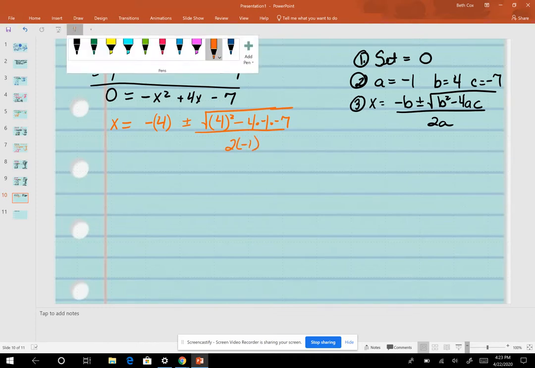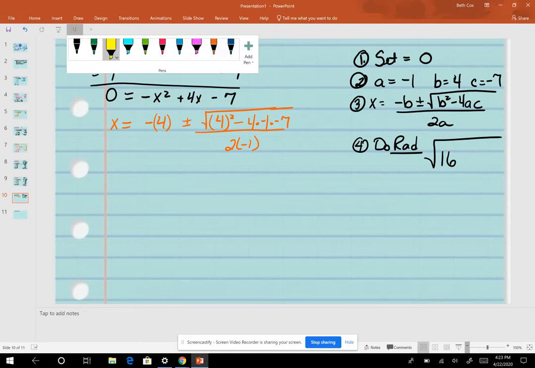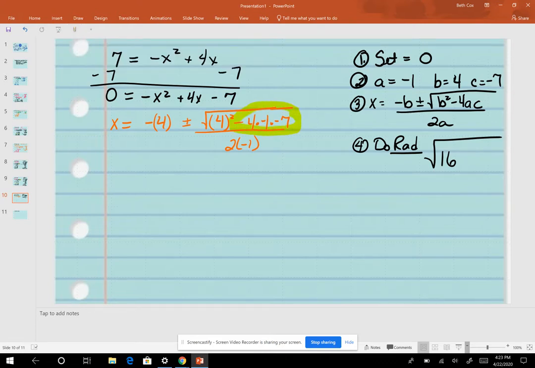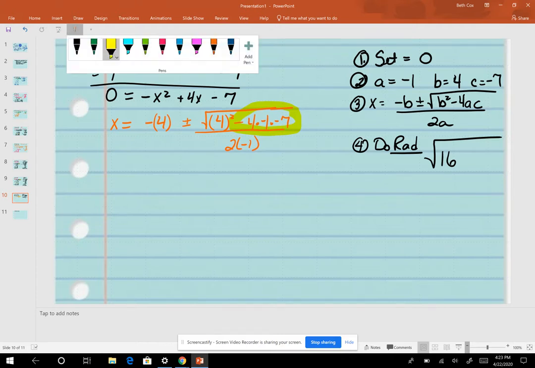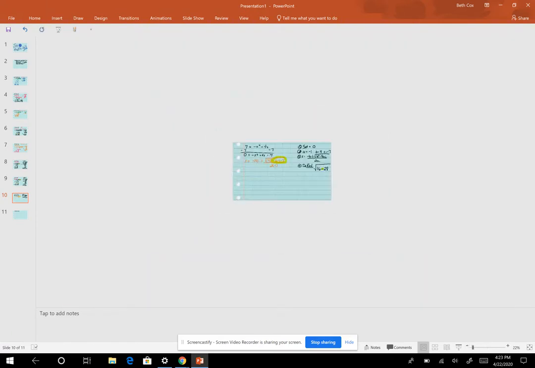Okay, remember, once we get it in there, we're going to do the radical first. So now the radical. I've got a 16. Now let's count up those negative signs. I've got 3 negatives. Negative times a negative times a negative is going to be a negative. Minus, okay, and so that's going to be 28.